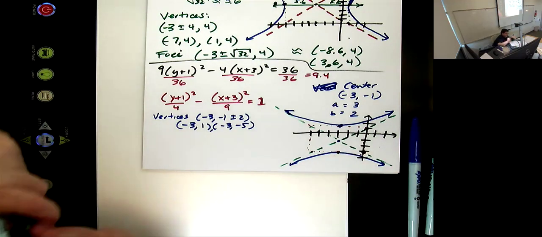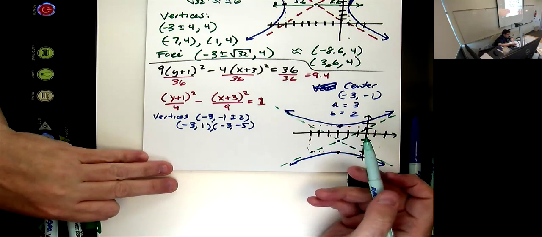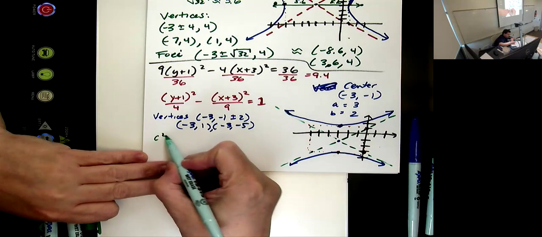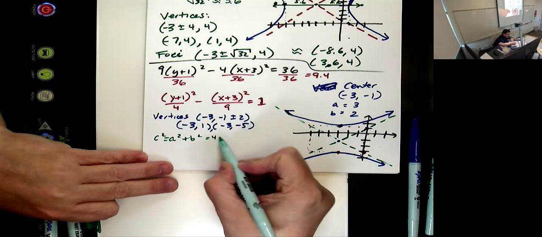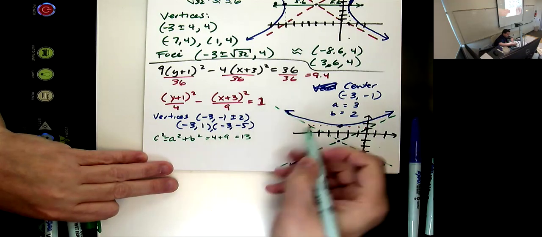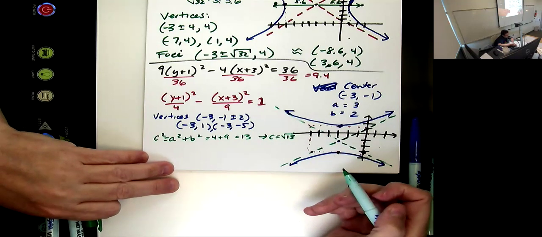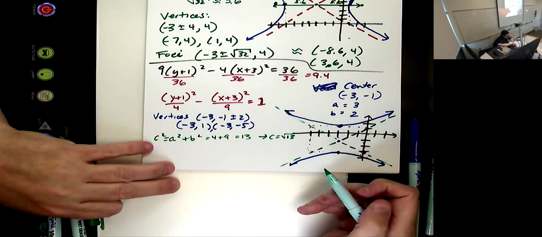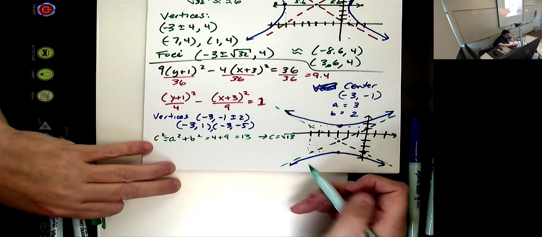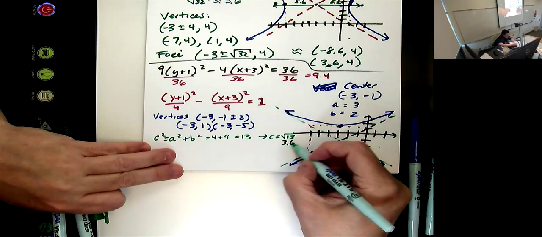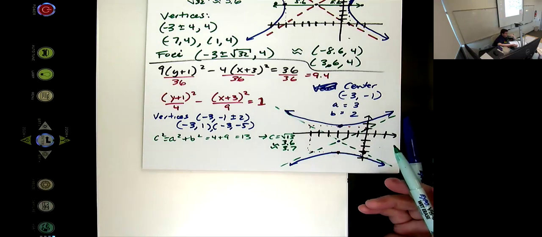What is C? C squared is A squared plus B squared. 4 + 9 is 13. So C equals the square root of 13. I'm guessing that's 3.6, 3.7, somewhere around there. It's 3.6.